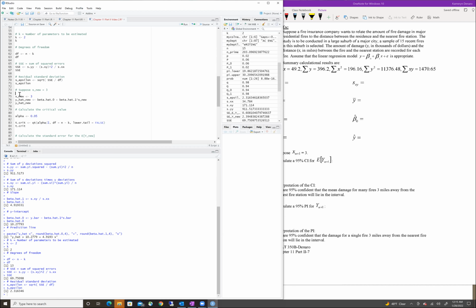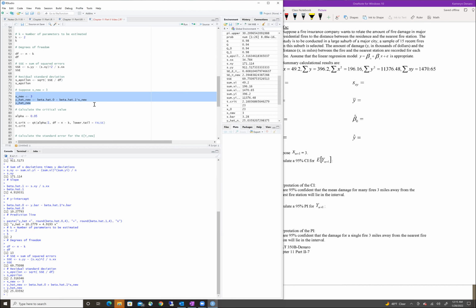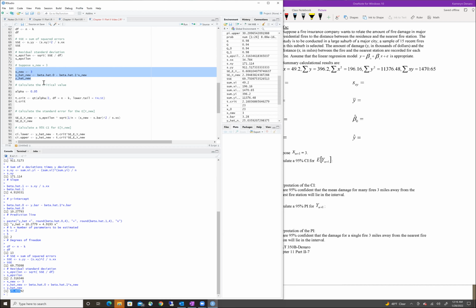In either case, we have to take this 3-mile distance and calculate our y hat new. So we would predict that the fire damage was around $25,000 and some change.